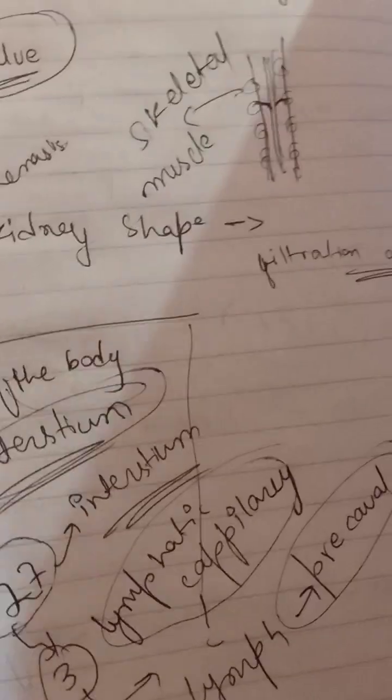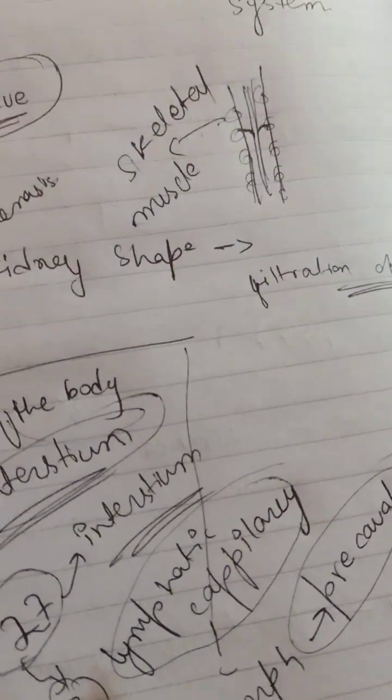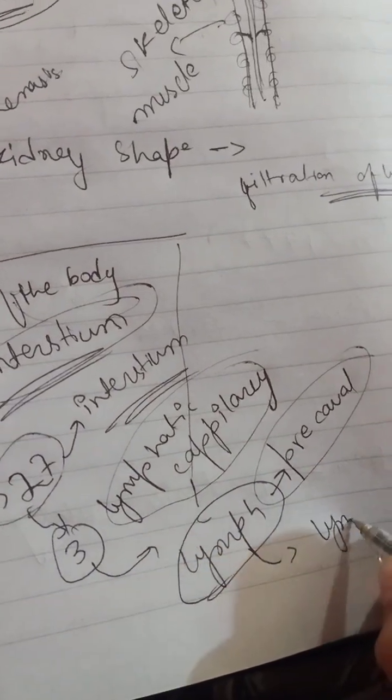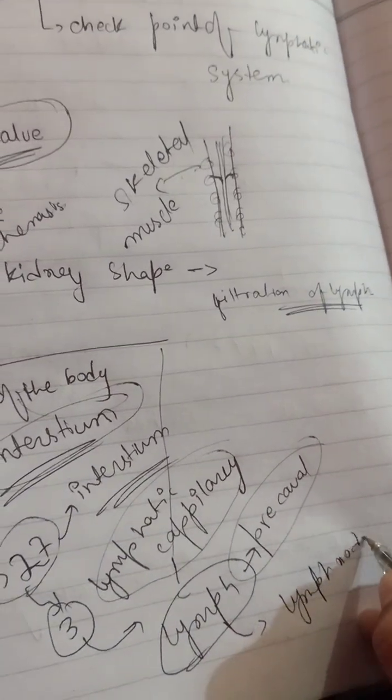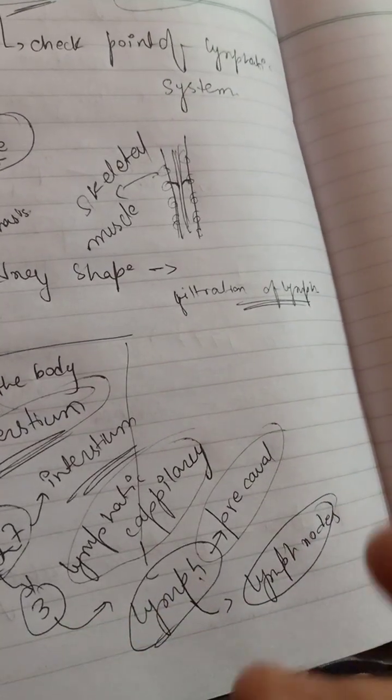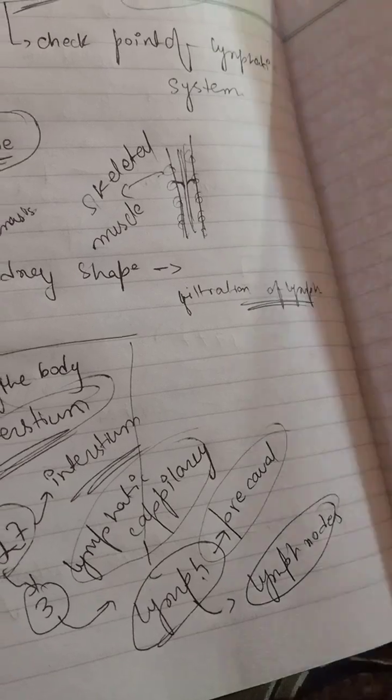The lymph will also move toward the lymph nodes. I'm coming to the lymph nodes again. The lymph will move toward the lymph nodes for the purification or filtration of the lymph.